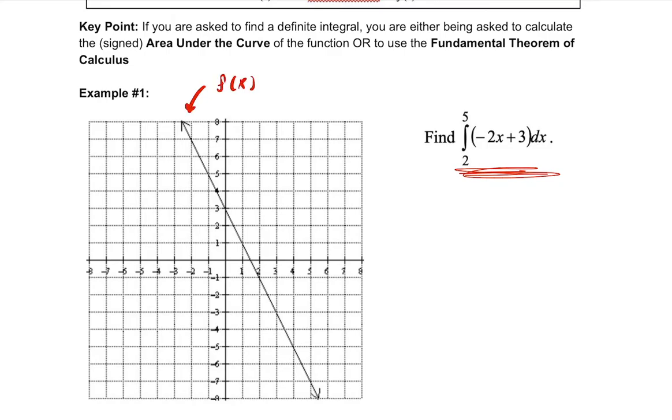This is the line negative 2x plus 3. One way to calculate this definite integral would be to start at 2 and finish at 5 and calculate the area under the curve. So between the curve and the x-axis, in this case it's a trapezoid, it's under the x-axis. So this area is going to be negative whatever it is.